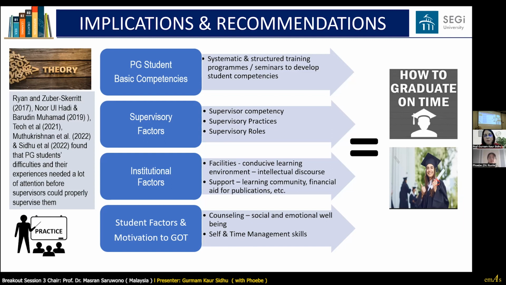The postgraduate student is always an adult student juggling between home, family, and work. Therefore, it is time for institutions of higher learning to look into effective counseling facilities, the social and emotional well-being of postgraduate students, alongside teaching time management skills.